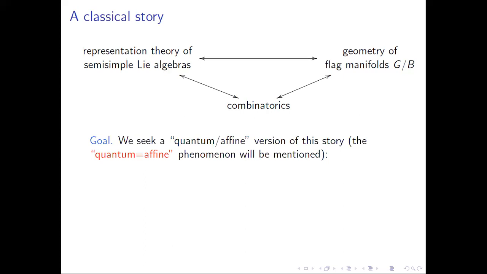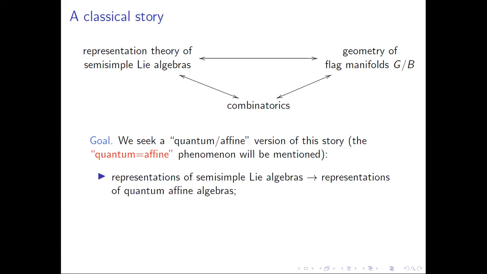But what we want to do here is to seek a quantum/affine version of the story. Actually, there is something called the quantum equals affine phenomenon, which I will mention later. So what does this exactly mean? It means that we want to replace representations of semisimple algebras with representations of the corresponding quantum affine algebras.